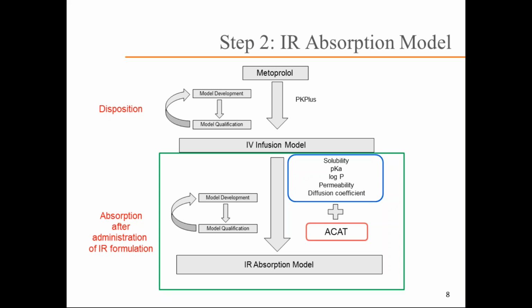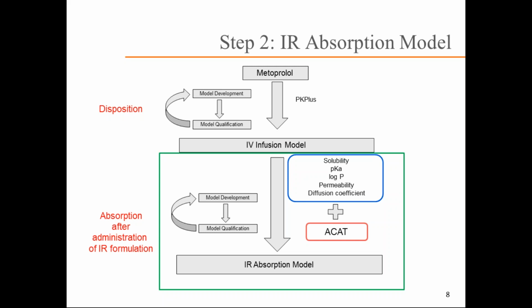So we didn't change any default ACAT model. We just introduced the physicochemical properties of the API, and also other kinetic factors like first-pass metabolism, first-pass extraction, and the intestinal factors in our second model.